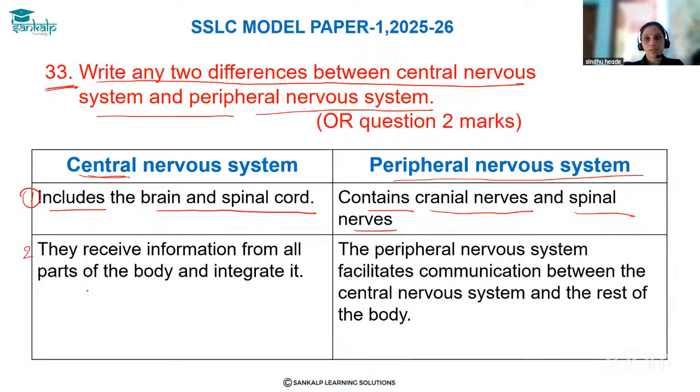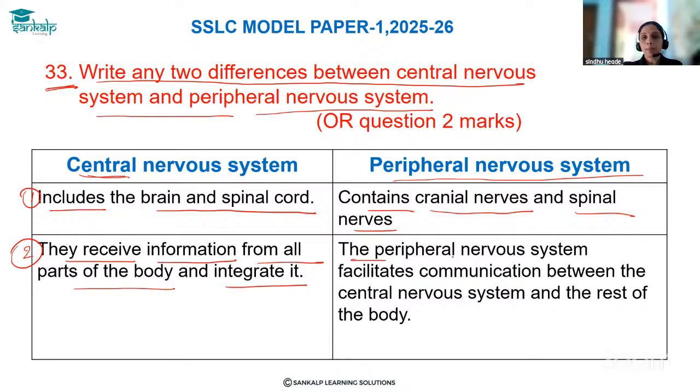And the second difference: the central nervous system receives information from all parts of the body and integrates it. This is the function. The central nervous system receives information from all the parts of our body and then it gets integrated.